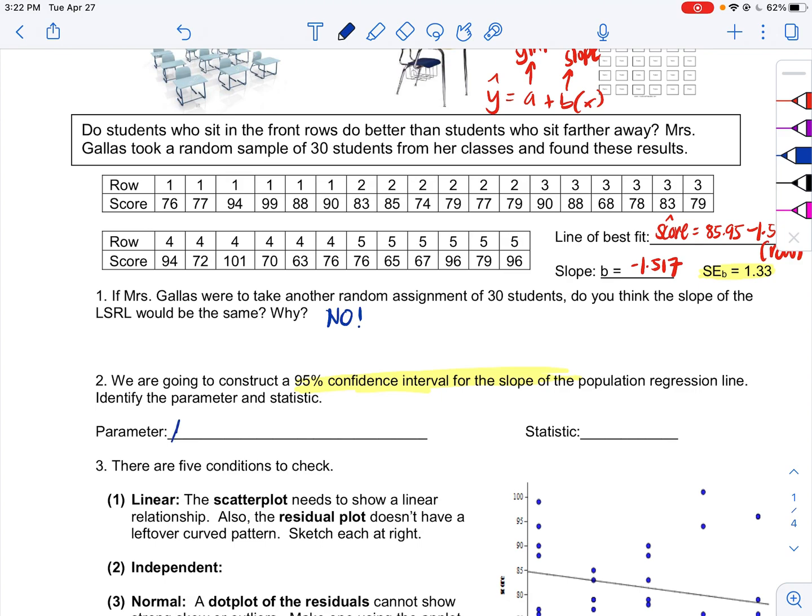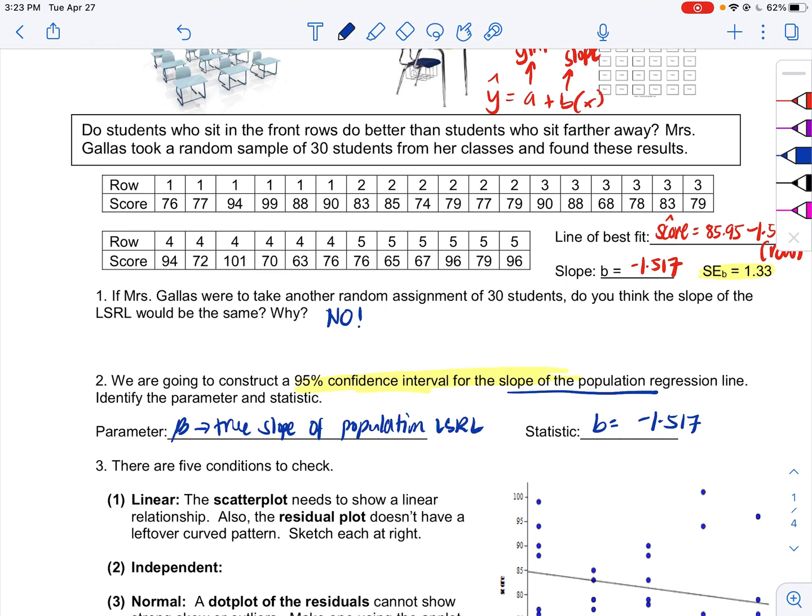So my parameter would be the slope, the true slope of the population least squares regression line. And our statistic is the given slope of our sample.